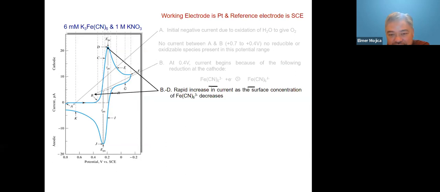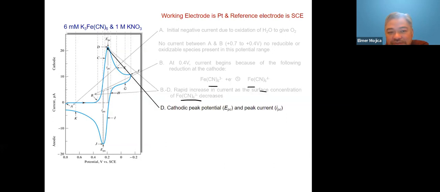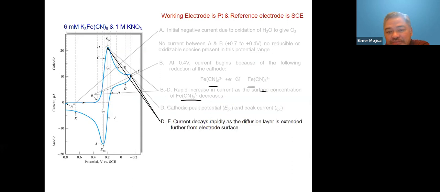So there's a rapid decrease down dahil nga doon sa surface mo, bumaba yung concentration ng ferrocyanide mo. And then you obtain the so-called peak potential, cathodic peak potential. And then all of a sudden magdi-decay kasi yung diffusion layer mo is extended further from the electrode surface. So nag-form na yung species na to.